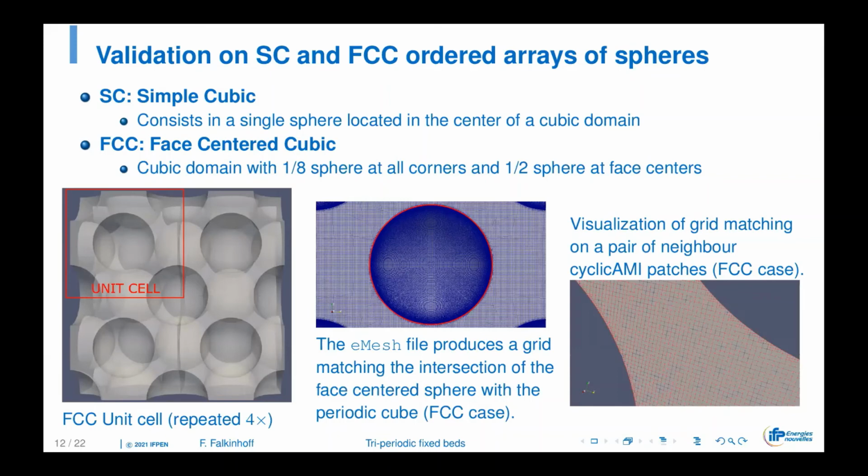In the case of the FCC, you have edges arising from the intersection of the spheres with all the faces of the cube, which you need to capture. This is done with the eMesh files in OpenFOAM and snappyHexMesh. Here you have some visualization of the grid. You can see on the right-hand side that the cyclic AMI patches are quite well matched.